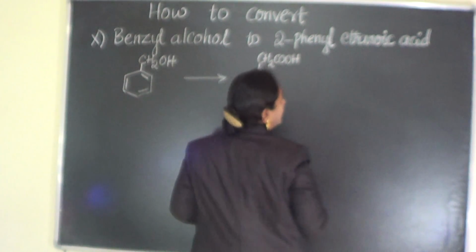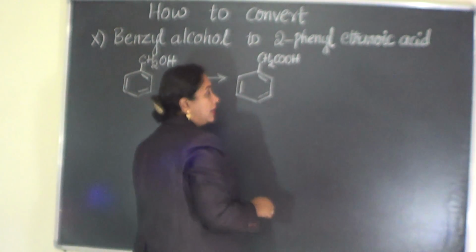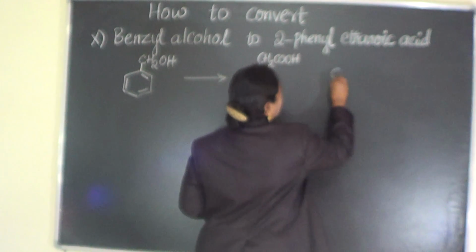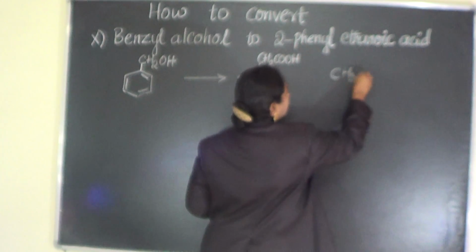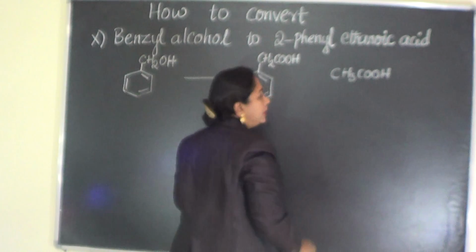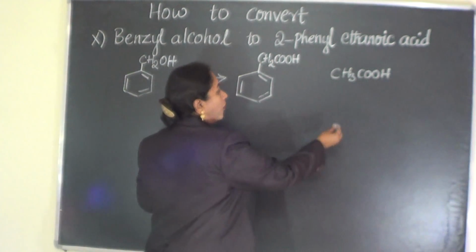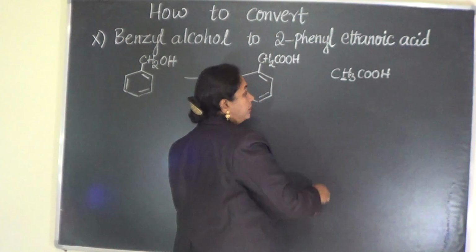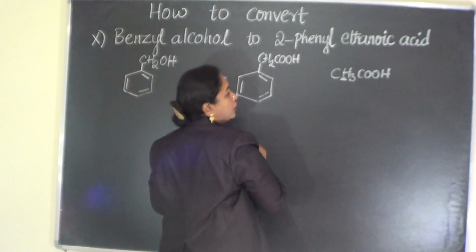Ethanoic acid is otherwise also called acetic acid. Ethanoic acid is the IUPAC name of acetic acid. The formula of acetic acid is CH3COOH. Now what has happened in this structure is one hydrogen of the ethanoic acid is being replaced by the phenyl group.